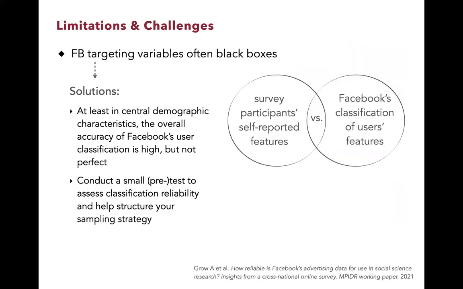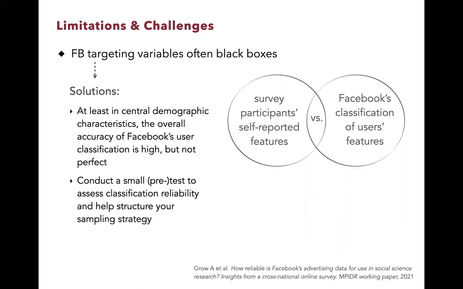Another issue I want to mention is that the definition of the targeting variables used in the Facebook interface sometimes or often are black boxes. So in our case, we were able to show that at least for the central demographic variables like sex, age, and region of residence, the Facebook classification worked well.